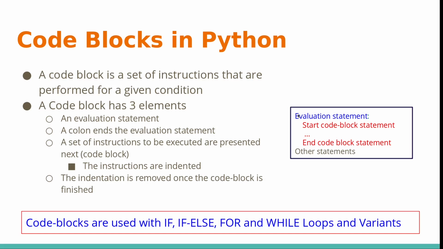So it has three elements: an evaluation statement that is tested to see whether it's true or false; then a colon, which ends the evaluation statement and signals the beginning of the code block; then a set of code block statements that are indented, and then the indentation is removed and other statements follow.